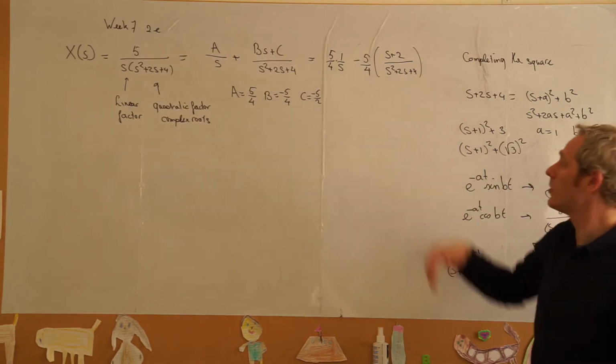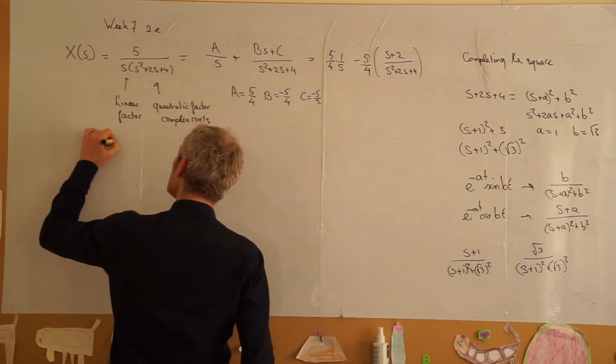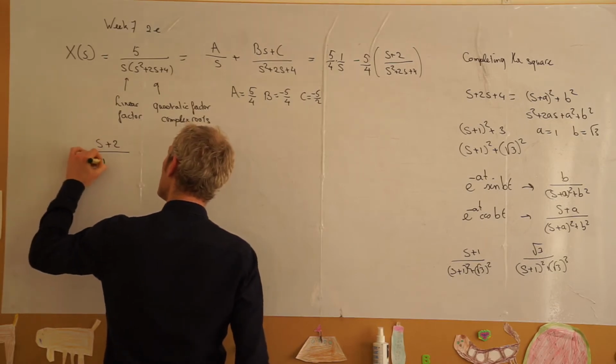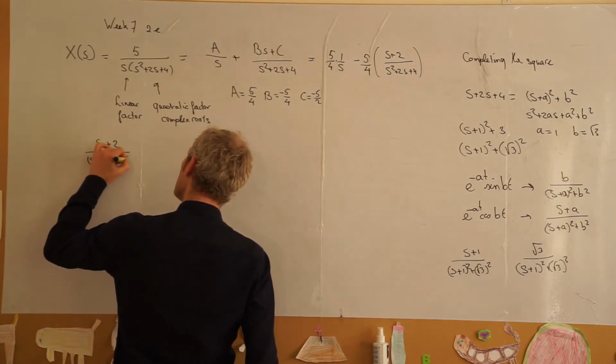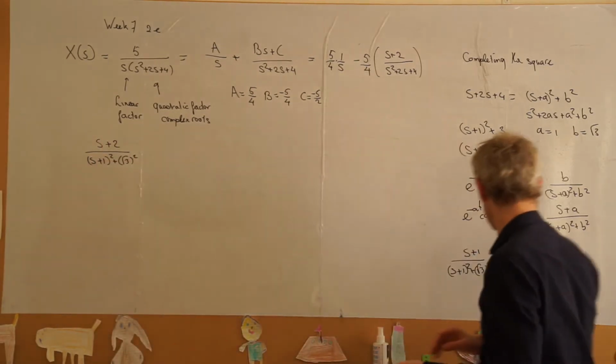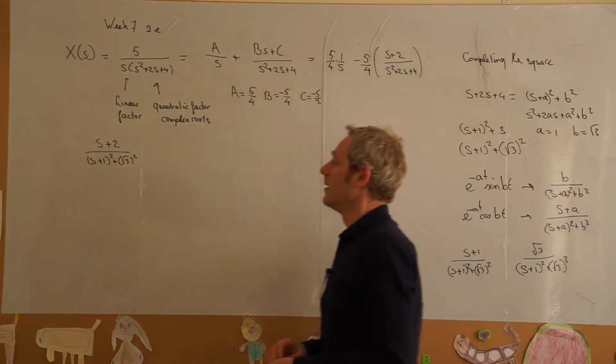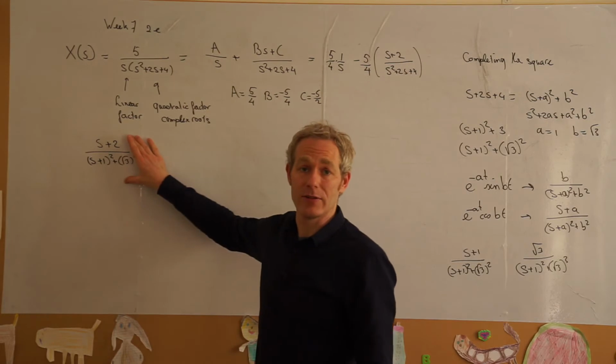I have s plus 2 over this thing. But we can write that as s plus 2 over s plus 1 squared plus the square root of 3 squared. And if you write 3 here, I don't mind, as long as you know that we're looking for this form where we have the square root of 3. Now I have to separate this out.